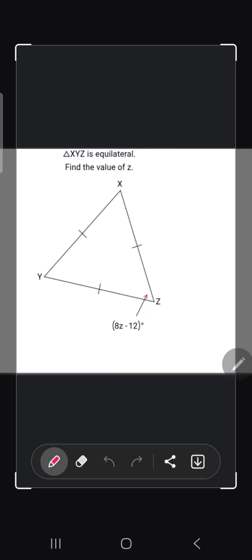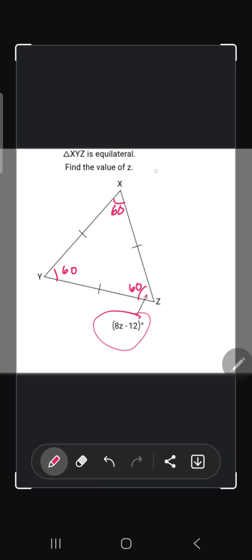In this problem, this triangle is an equilateral triangle. So all the sides are the same. Something else we know about equilateral triangles is all the angles are exactly the same. And one step further, we learned the other day these angles are all 60 degrees. This angle here is also equal to 8z minus 12.